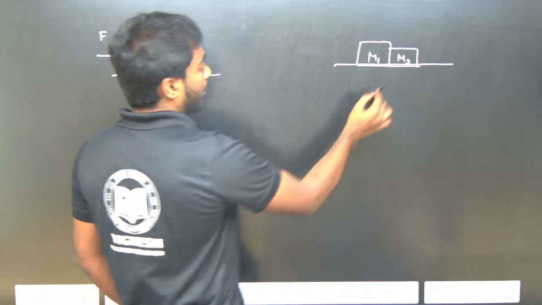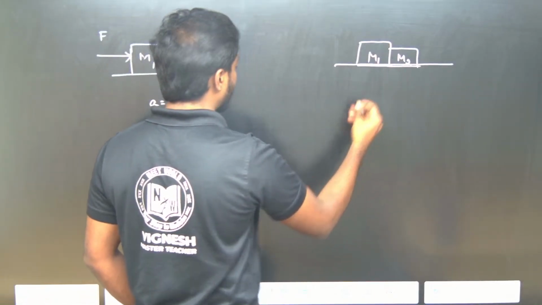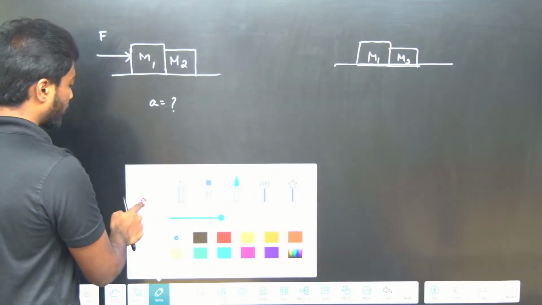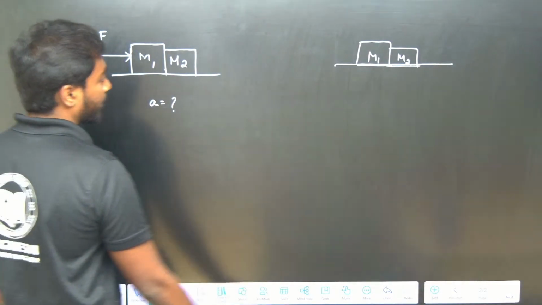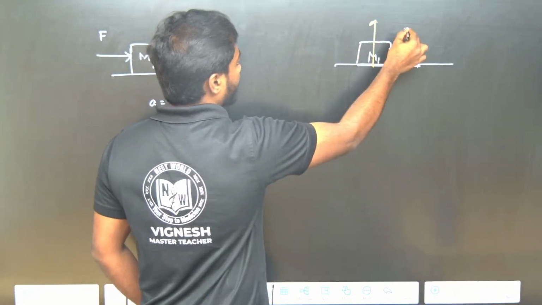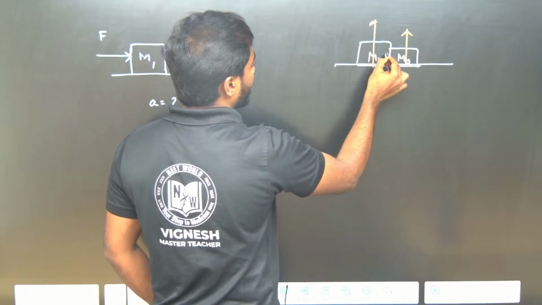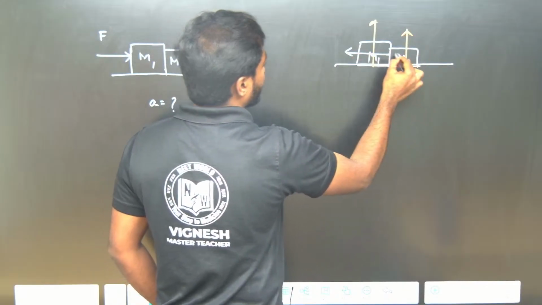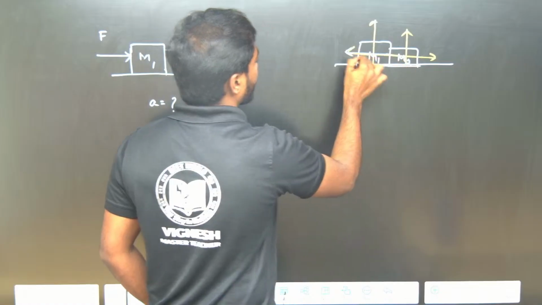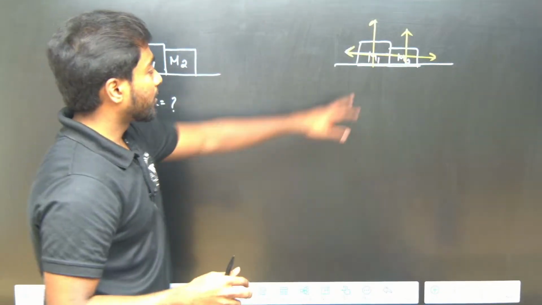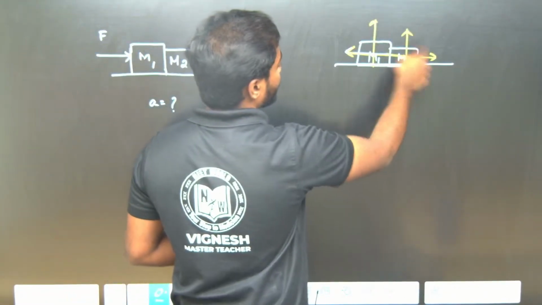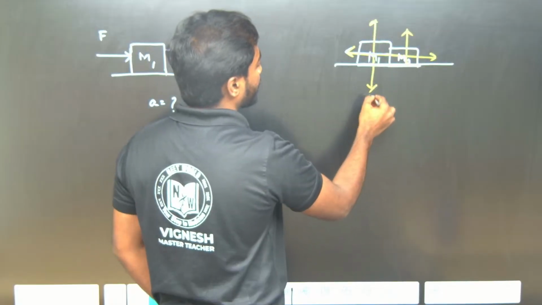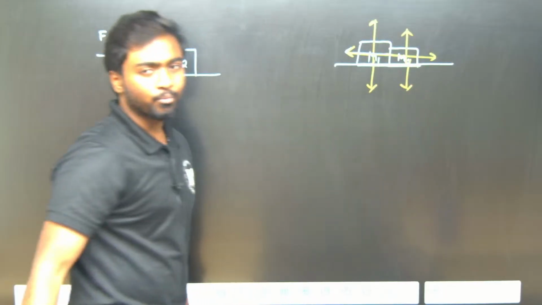Now we were discussing what type of forces are acting. Normal force will be there, here also normal force will be there, so totally 2 normals, and the weights.